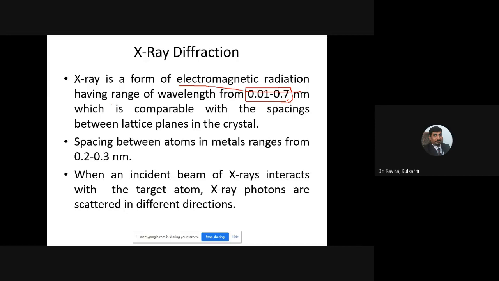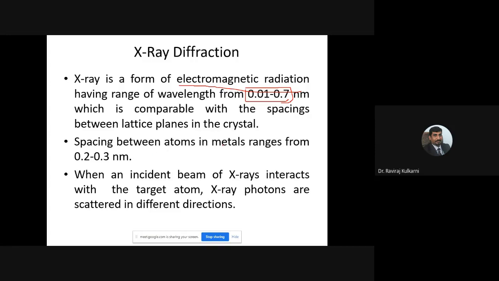Vacuum ultraviolet means even a vacuum is needed to stop the absorption of ultraviolet radiation; air can absorb UV light, so you require vacuum systems. Below that we have X-ray, whose wavelength is comparable with the spacing between lattice planes in the crystal.